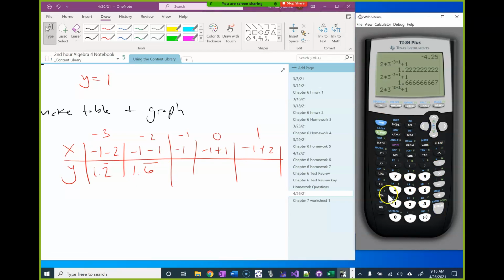FYI, what I'm doing on my calculator to recall the last thing I typed in is pressing second and the enter command. That'll give you the last thing you typed in, then you can just go back and edit what you need. In this case, we're just editing that one number. That makes life a little bit easier, rather than typing the whole thing in over and over again.